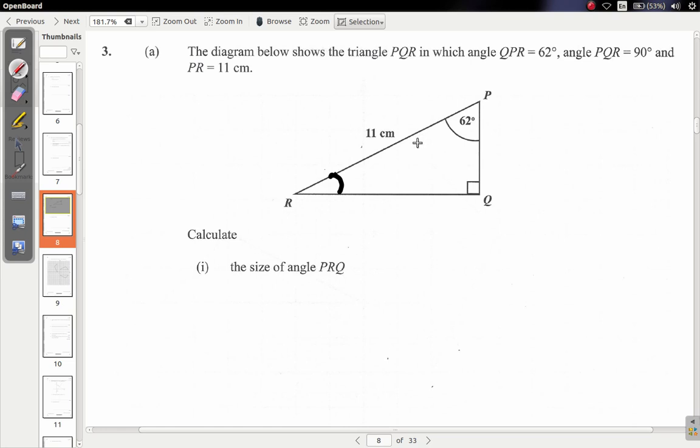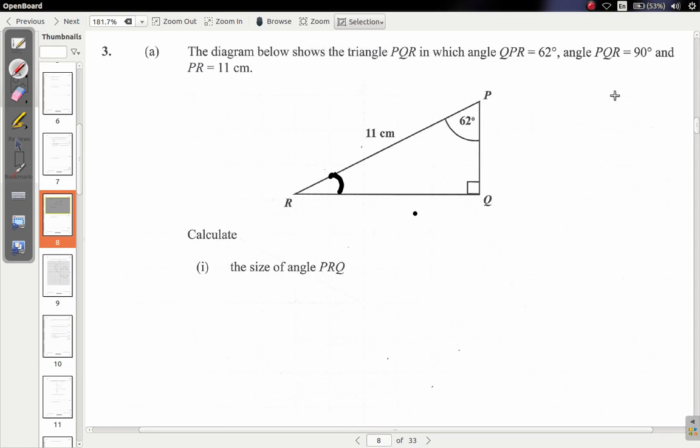Now, remember, you have the trig ratios, and you can only use them with a right angle triangle. Sine equals opposite over hypotenuse, cosine is adjacent over hypotenuse, tan is opposite over adjacent. Now here, you want PRQ, so you look for what you have.